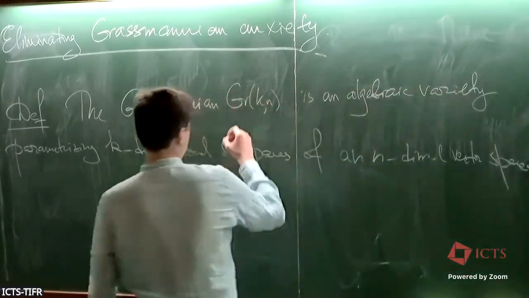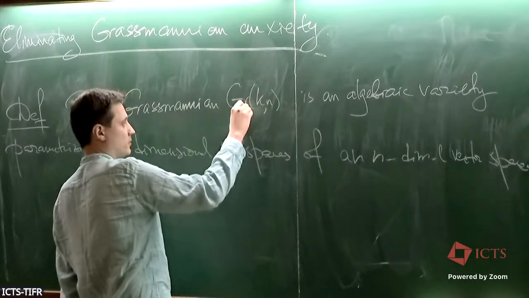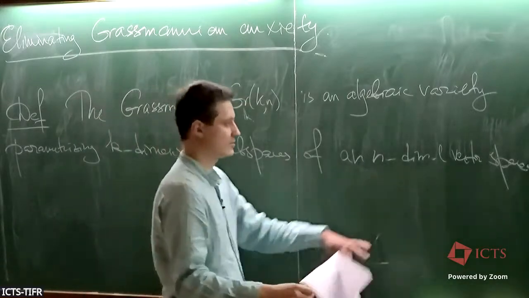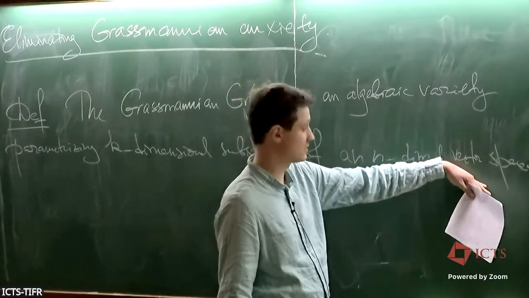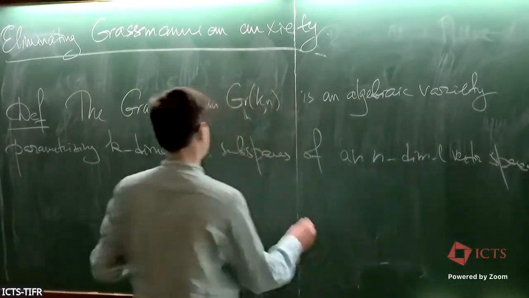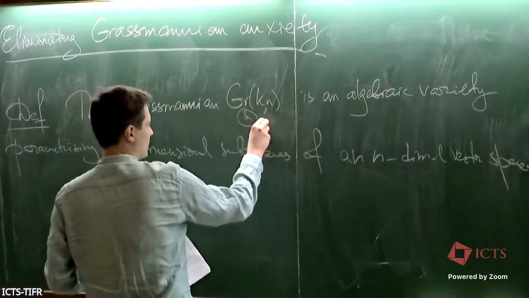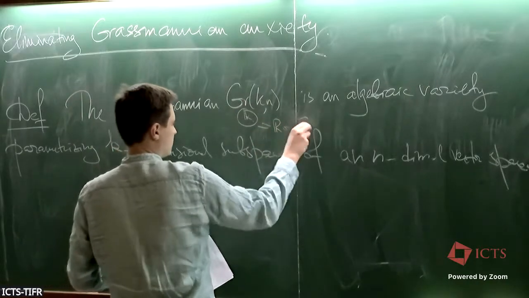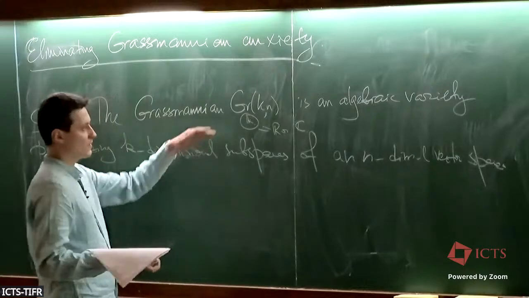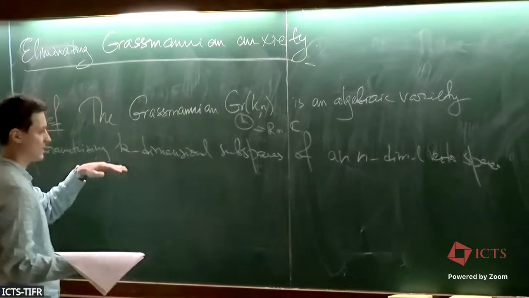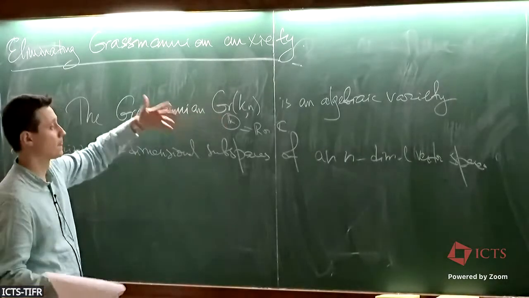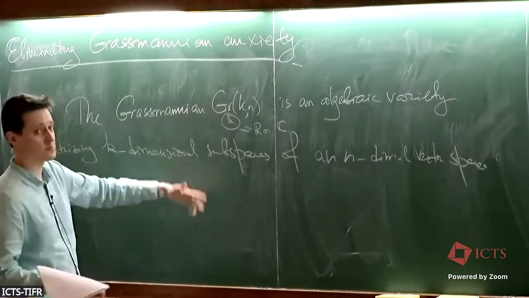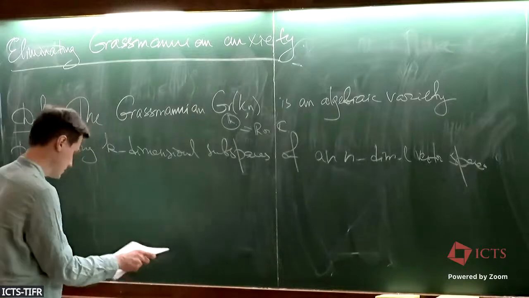So in principle, this object is defined over a ground field, right? We can look at real vector spaces, complex vector spaces, and even vector spaces over finite fields. So for us, again, as yesterday, this field K will be either R or C. So we'll either look at the real Grassmannian, which is a variety whose points represent k-dimensional subspaces of a real space, or we'll take a look at the complex Grassmannian, whose points represent k-dimensional subspaces of an n-dimensional complex space.